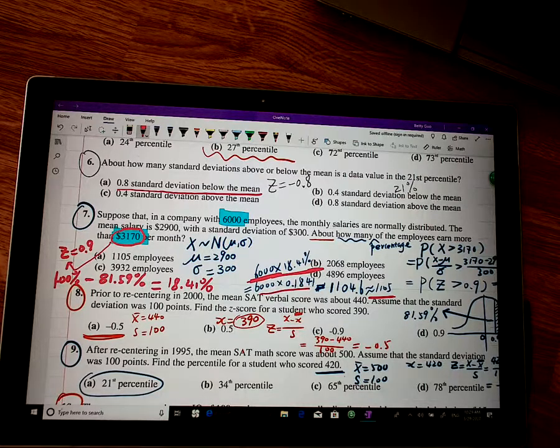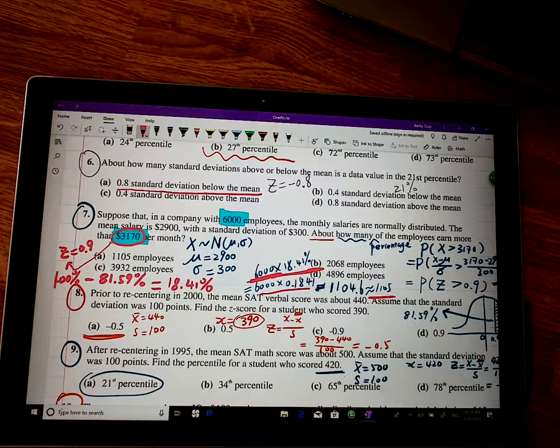Number 8. Prior to recentering in 2000, the mean of the SAT verbal score was about 440. Assume that the standard deviation is 100. Find the z-score of a student who scored 390. This one is simple. The score X is 390, and we need to standardize it to get the z-score.